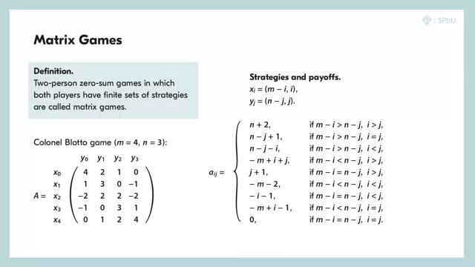Then, in the formula on the right-hand side of the slide, you can see how the payoffs of Colonel Blotto can be computed for arbitrary values of m, n, i, and j. On the left-hand side, you can see a case of a matrix game for the Colonel Blotto game when m is equal to 4 and n is equal to 3, so when Colonel Blotto has 4 regiments and his opponent has 3 regiments.